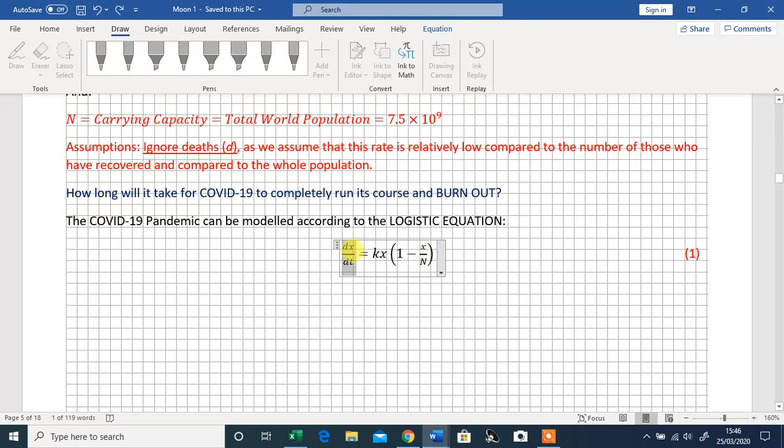Of course, where you've got a proportionality sign, you want to insert an equal sign and a constant of proportionality. So this equation now becomes dx by dt is equal to kx times, in brackets, 1 minus x over N, close brackets. And again, x is the number of infectives at any time t months after the outbreak of the disease.